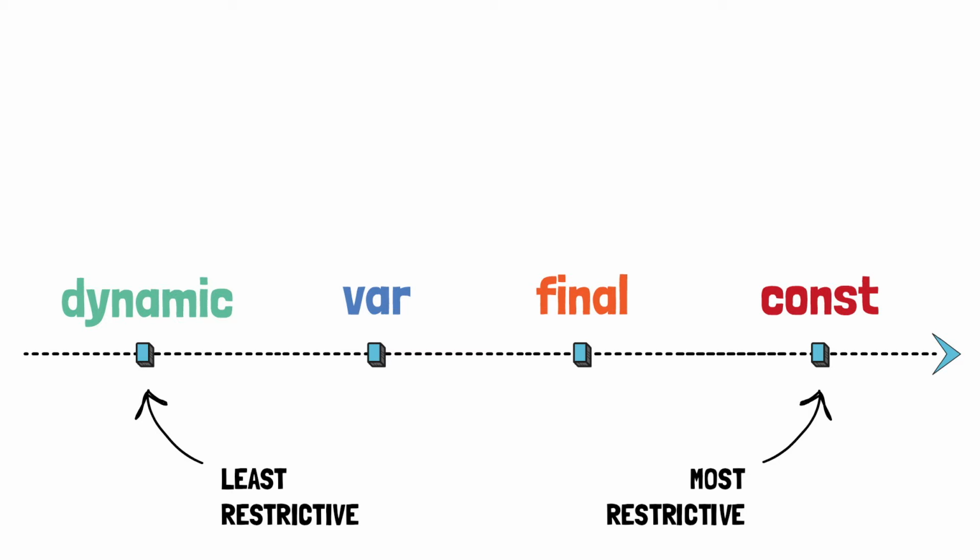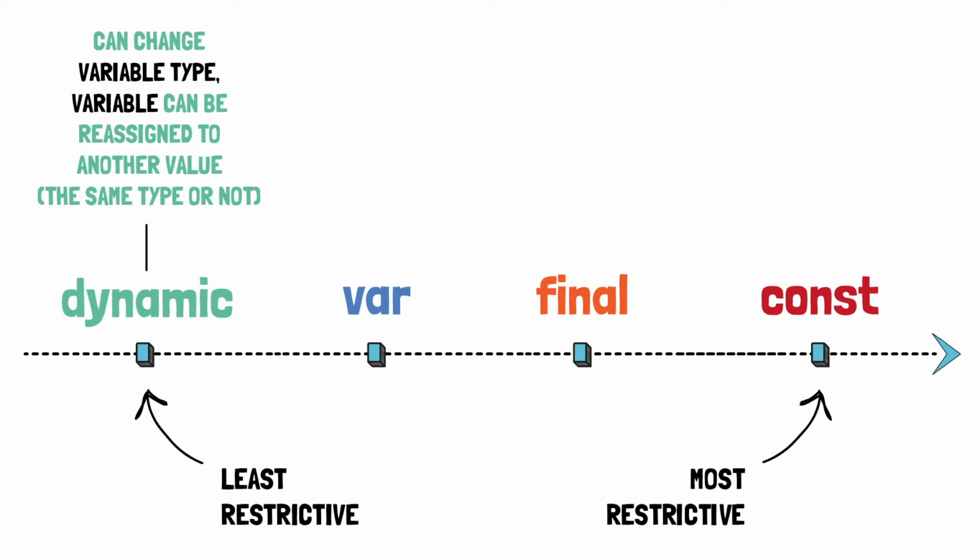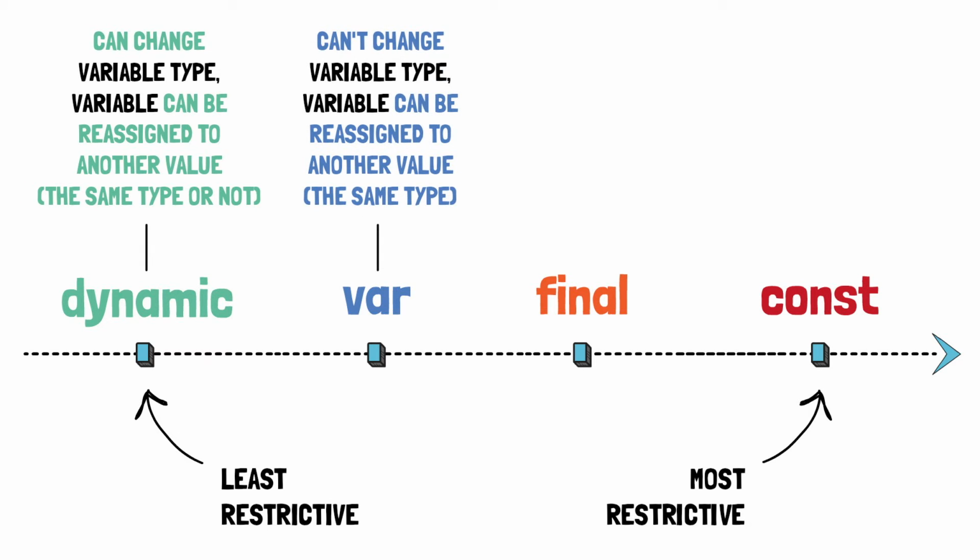So we currently know that dynamic can change the type of the variable, and the variable can be reassigned later on inside the code with any other value, whether it's of the same type or not. Var can't change the type of the variable unless it's not assigned to anything when declared, which actually makes it dynamic.